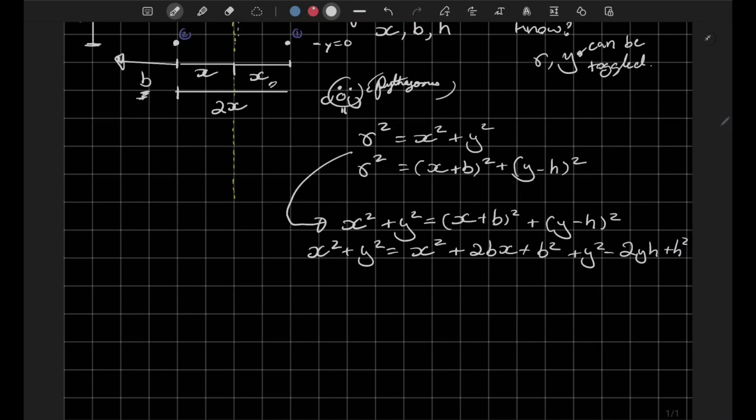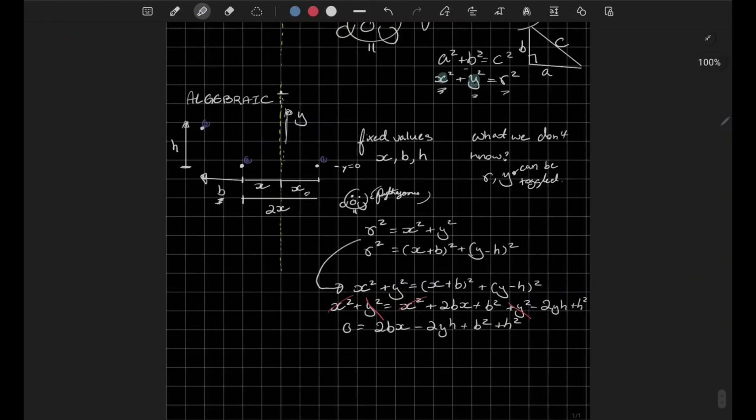Okay. Both sides we got x squared, both sides we got y squared. So 0 is equal to 2bx minus 2yh plus b squared plus h squared.